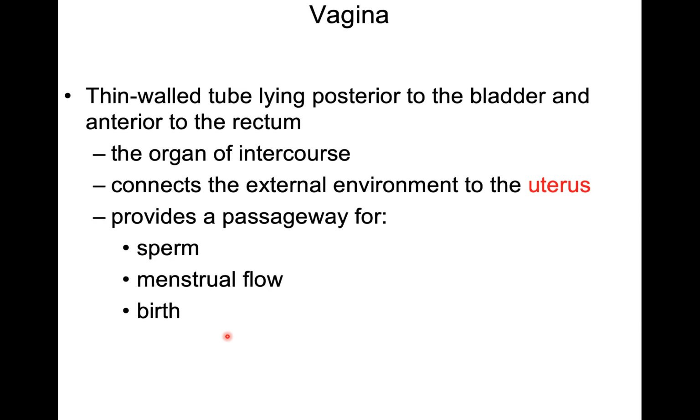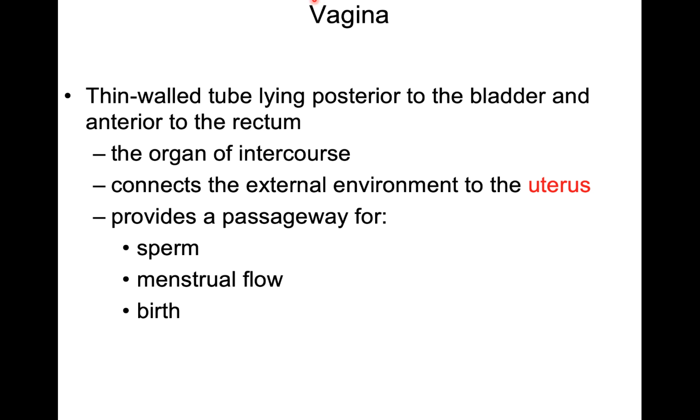So then below the uterus, you're going to have that cervical os connecting to the external world, and that external world is connected by the vagina. The vagina is going to be where we have release of menstrual flow. It's going to be where we have birth from, and it's going to be the entrance of the sperm. There's no urine coming out of this region.